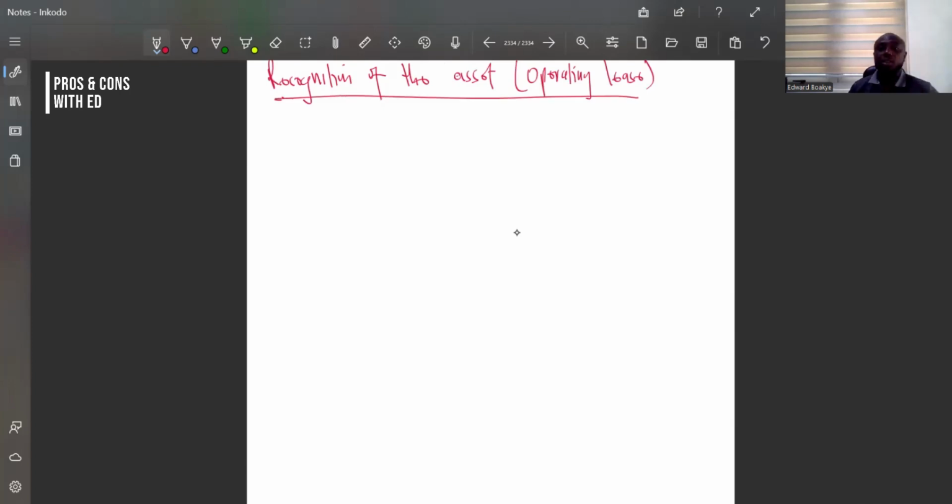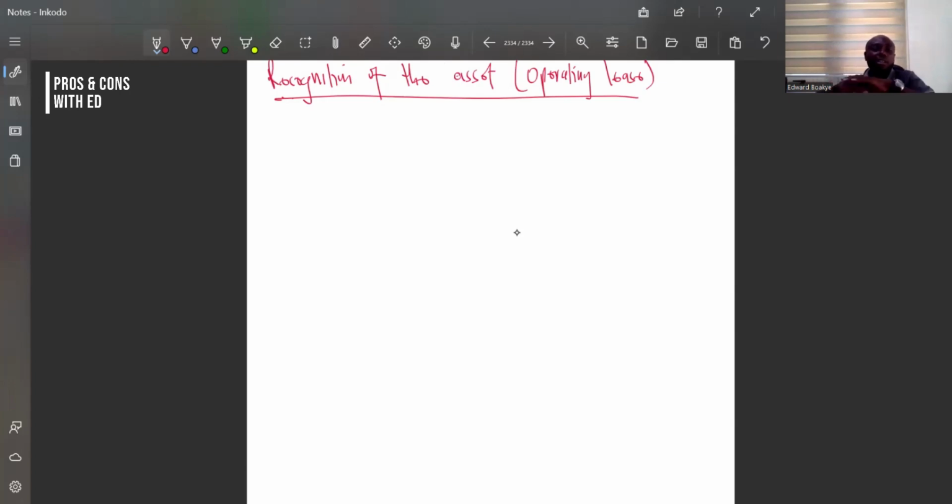So recognition of the asset in question. So in recognition of the assets under operating lease, we are saying that the asset does not belong to what? The lessee.